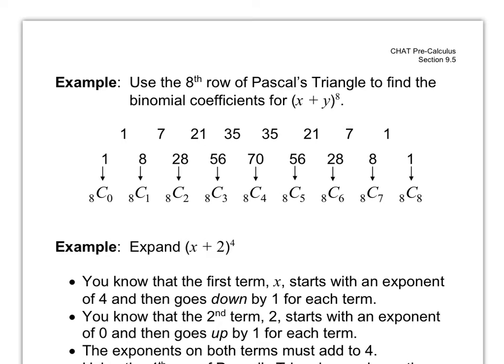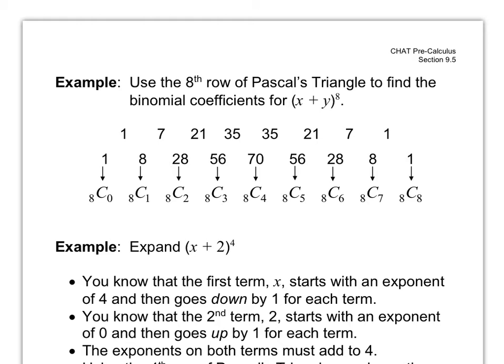So the bottom line is, back to this spot right here, this is the 8th row, and it corresponds to 8C0 and so forth. So you have a choice. You can either use Pascal's triangle or you can calculate these separately.